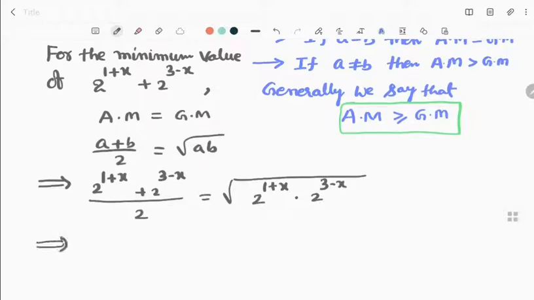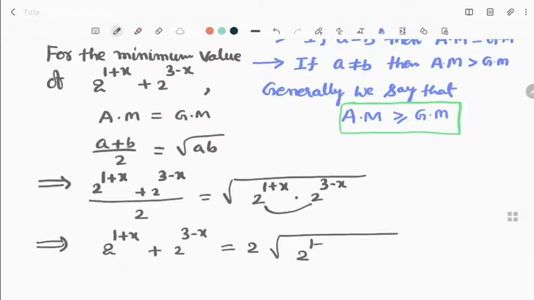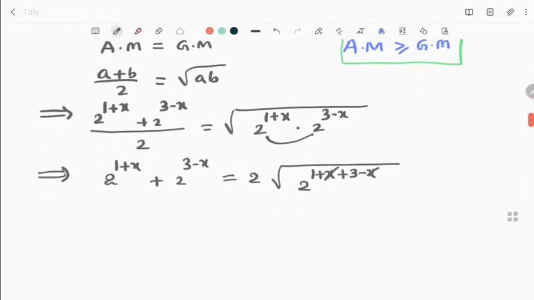So cross multiply: 2 power 1 plus x plus 2 power 3 minus x is equal to 2 into square root of 2 power (1 plus x) into 2 power (3 minus x). Here bases are equal, so powers should be added. So 2 power 1 plus x plus 3 minus x; plus x and minus x get cancelled. We will get 2 into square root of 2 power 4. 2 power 4 means 16.